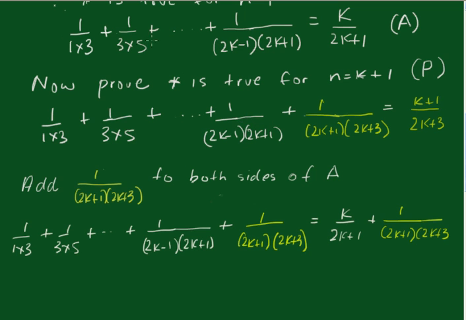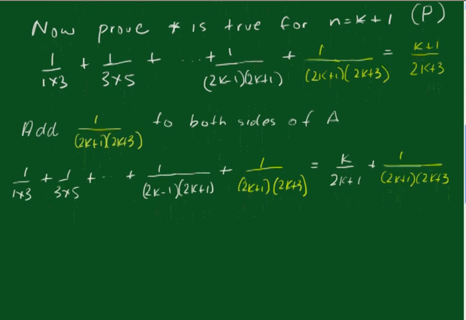There's the statement up here, A, and the yellow part here is what I had to add to both sides of it. Now you'll see that the left-hand side here corresponds with the left-hand side of the statement P. So all I need to do now is show that the right-hand side of P is equal to the right-hand side of this new statement I've just made by adding this to both sides. So we'll just write that out. That's what we've got to prove.